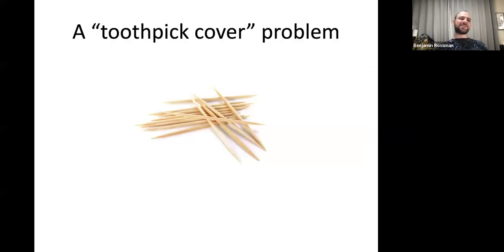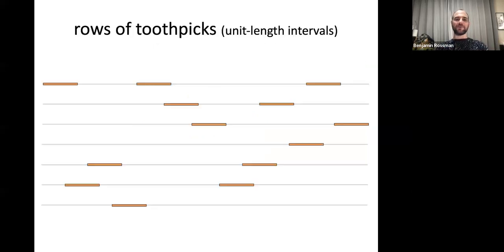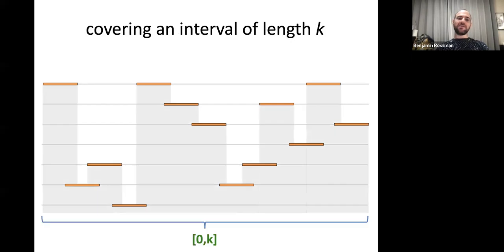Okay, I'll illustrate this in terms of what I'll call the toothpick cover problem. So the setup is this. We're given some sequence of rows of toothpicks. So it's toothpicks arranged in a row, arranged in rows. And in total, these cover an interval of length k.